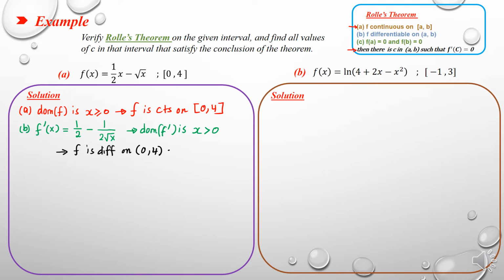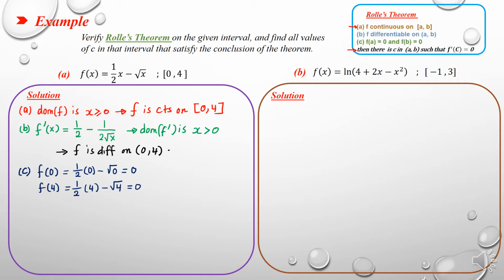In part C you have to check if f(a) equals f(b). So you have to replace the endpoints of the interval to check this condition. So you have to find f(0) and f(4). f(0) equals 1/2 multiplied by 0 minus square root of 0, and this equals 0. f(4) equals 1/2 multiplied by 4 minus square root of 4, and this is equal to 0 also.